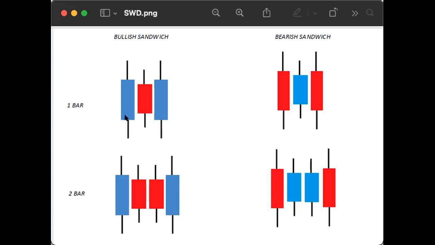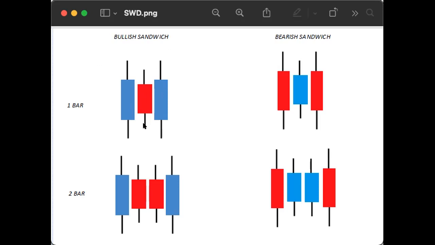Now, a sandwich is just two candles being engulfed by one candle, or one candle being engulfed by two candles in the opposite direction. So this is a single sandwich bar: two bullish candles with a bearish candle in between.